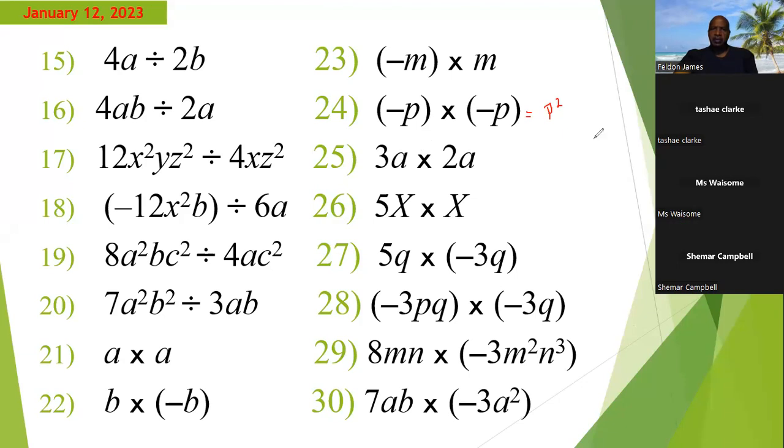All right, guys, so we're back. The last question we did was 24, which we got positive p squared. I'm asking now, who would like to do question 25 for us? Ms. Genovia, would you like to do question 25 for us?